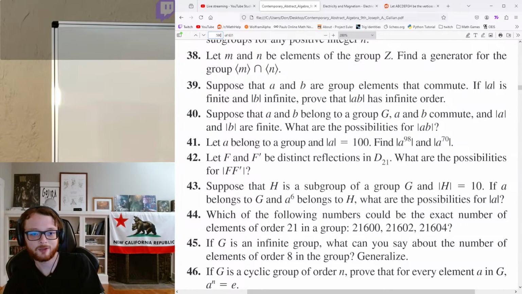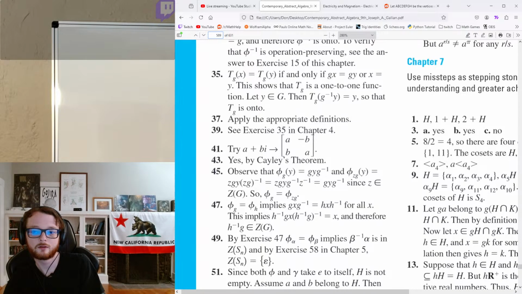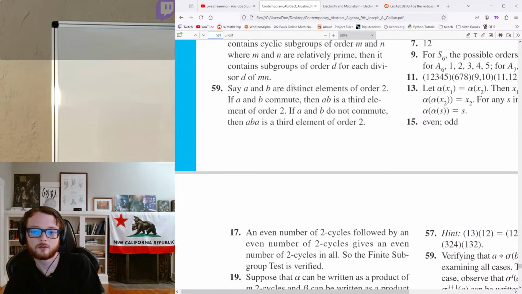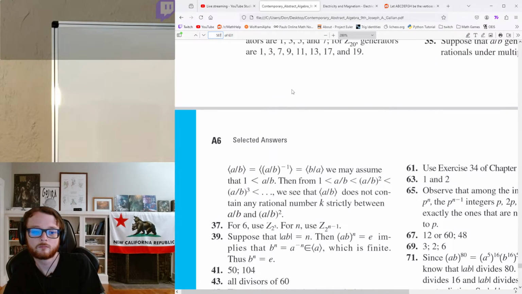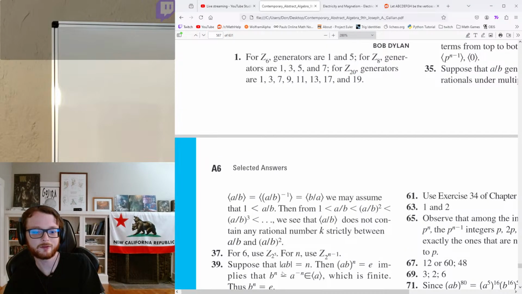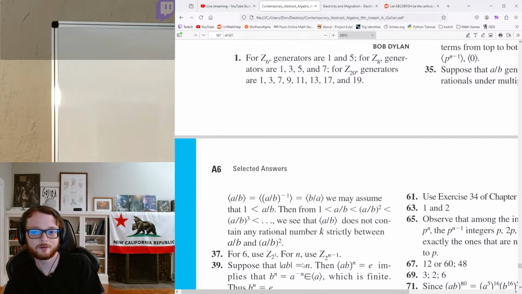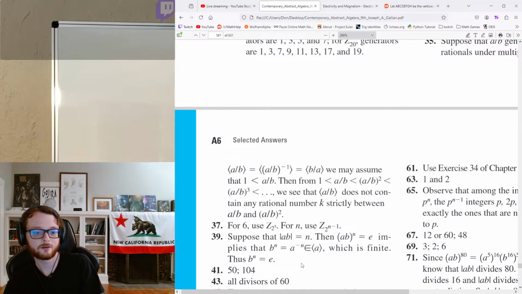What page did I say, like 590? 50, 104? What? How's it bigger?